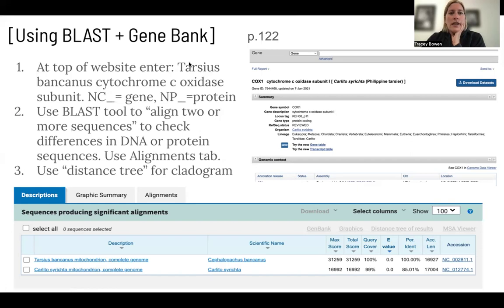One of these is in the Philippines, and the other is in Borneo and Sumatra and in Indonesia. Knowing whether or not these are two separate species could be determined using this tool. We can align their base sequences to see how much difference there is, and we can use a distance tree to develop a cladogram for ourselves.